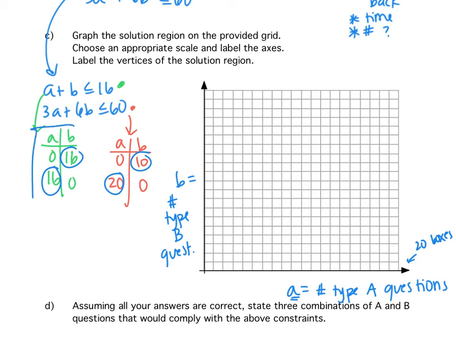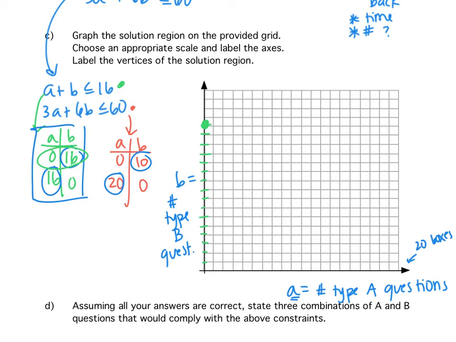If I go to graph this, my green inequality, I'm going to start with this first point, 0, 16. So that means 0 on the A, but go up 16 on the B axis. So this is 1, 2, 3, 4, 5, 6, 7, 8, 9, 10, 11, 12, 13, 14, 15, 16.